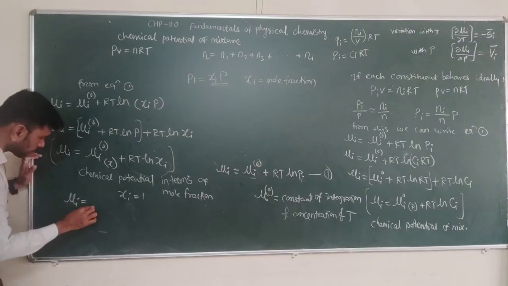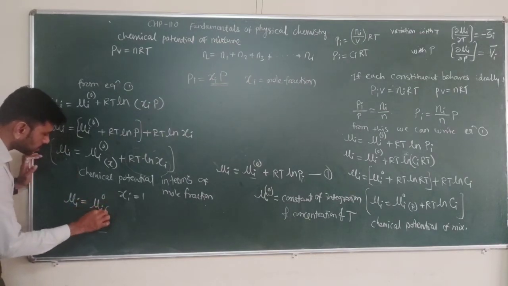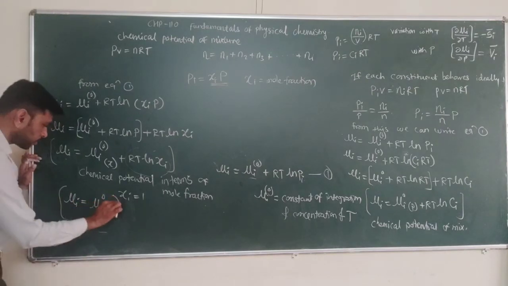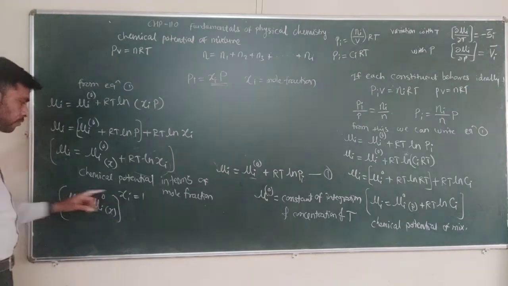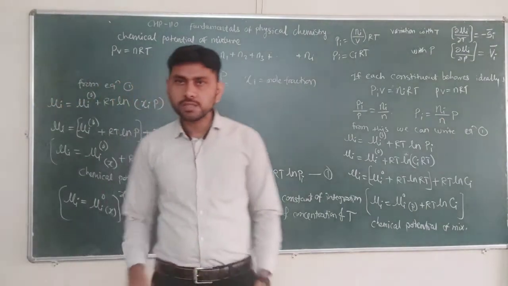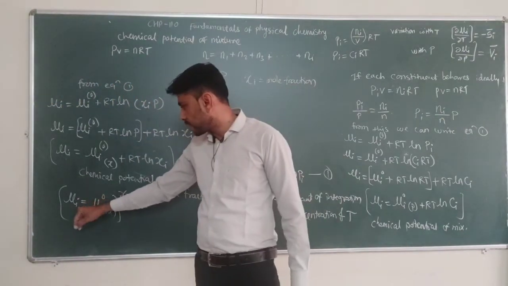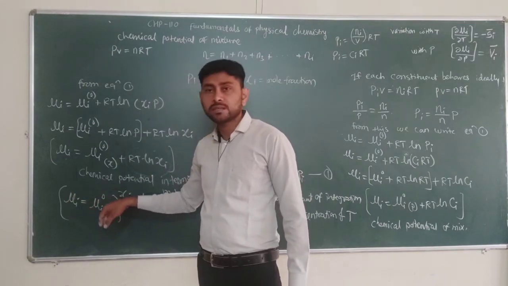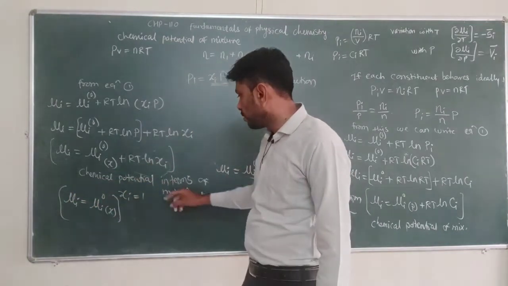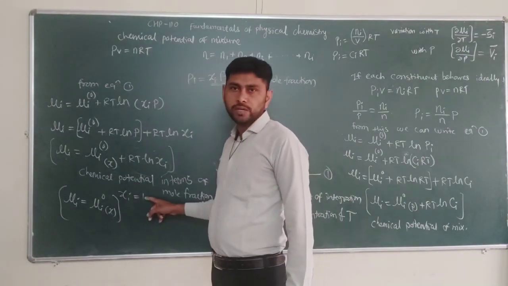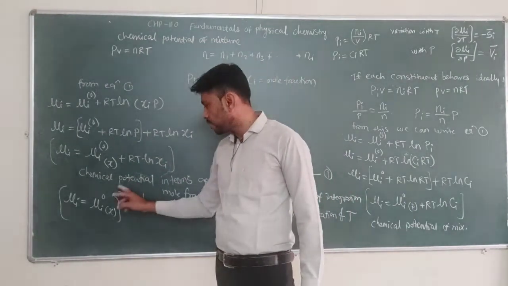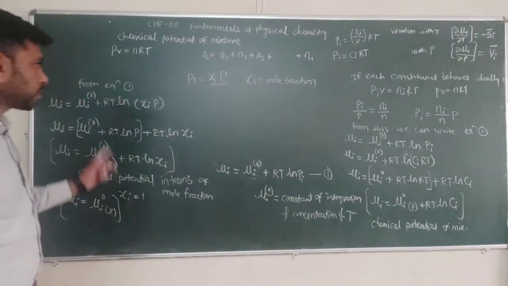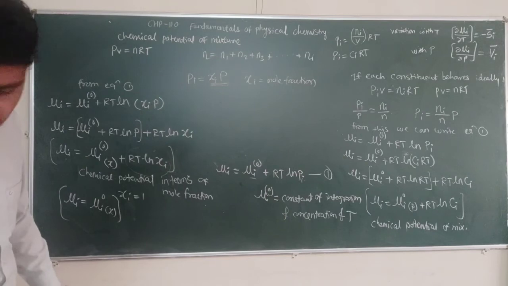So we can write mu i equal to mu i 0 star. This mu i 0 star represents the chemical potential of the mixture when the mole fraction is unity. So this equation represents the chemical potential of the mixture. So this is about chemical potential.